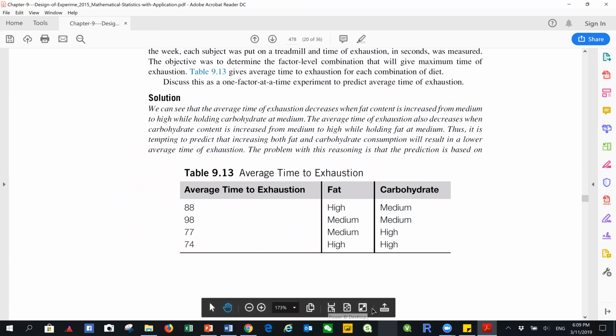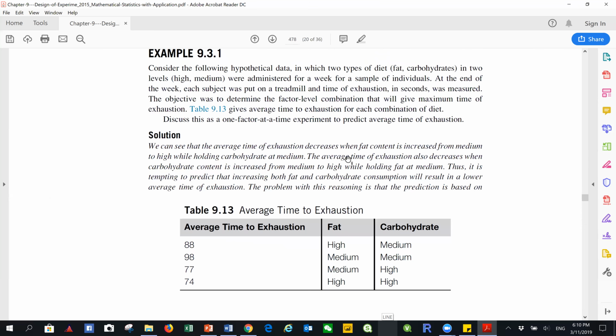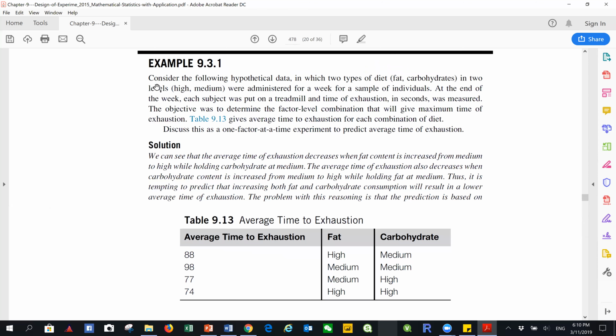Here in this example, 9.3.1, consider the following hypothetical data in which two types of diet, fat or carbohydrates, in two levels, high or medium, are administered for a week for a sample of individuals.